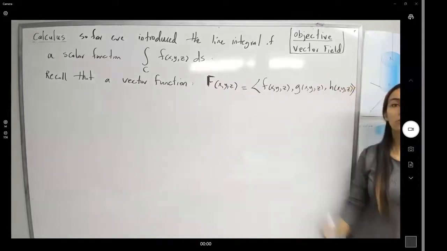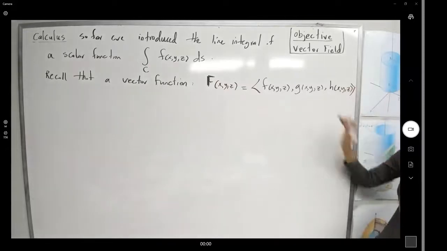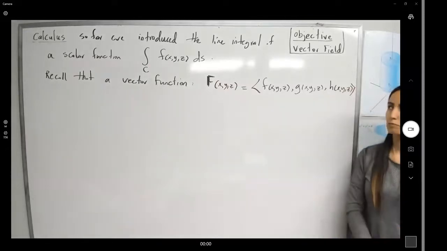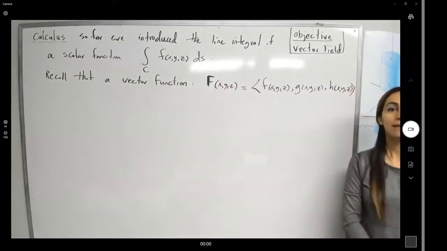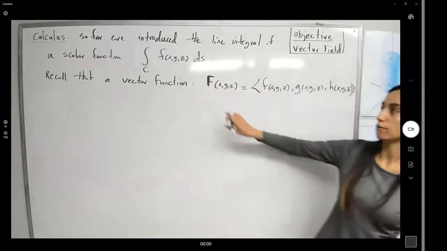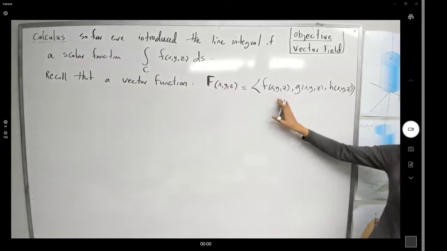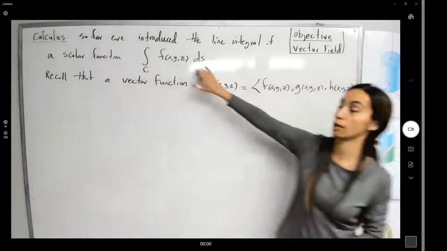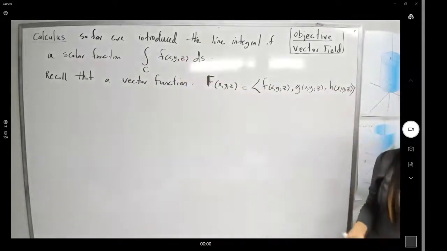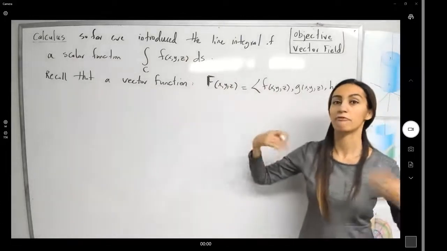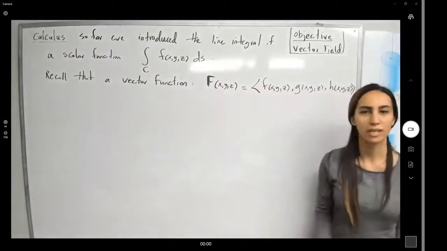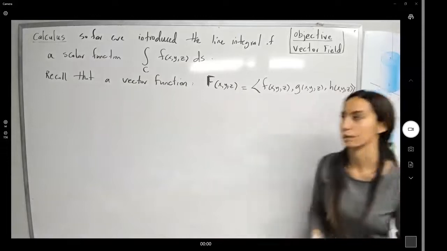It includes some scalar functions. Well, now how do we take the line integral of just this function? We are not focusing on the components like before. We are just saying that, hey, now that I have a vector function, how do you calculate the line integral?